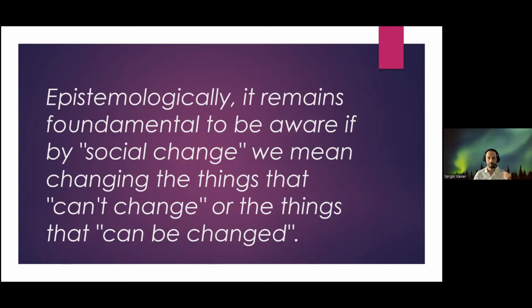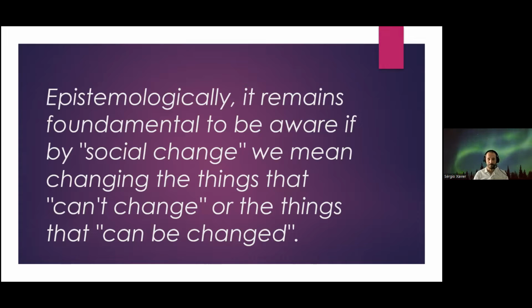But still, epistemologically, tricky word, it remains fundamental to be aware if by social change we mean changing the things that cannot change or the things that can be changed. In other words, it remains important to understand how radical is the social change we conceptualize as a possibility. And I hope that I was clear so far.